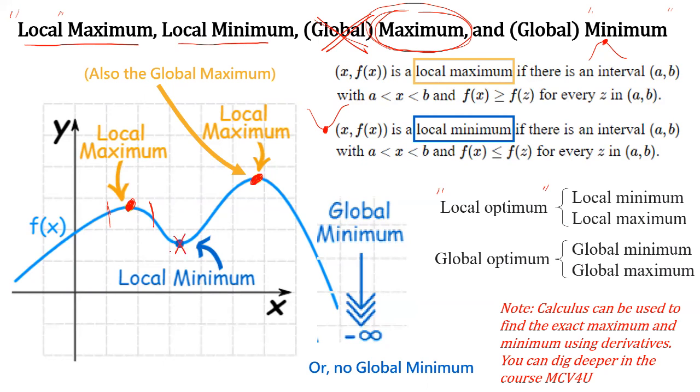And here you have a local minimum. And for the global minimum in this function, there is no global minimum because this function extends indefinitely all the way to negative infinity, right? So there is no global minimum, or we can say the global minimum is negative infinity.